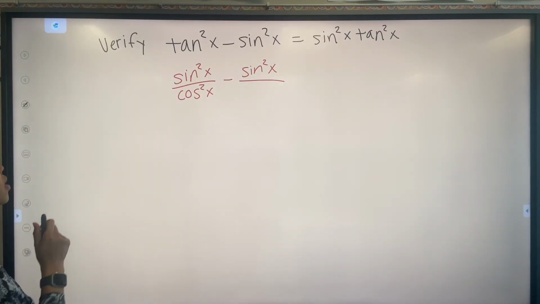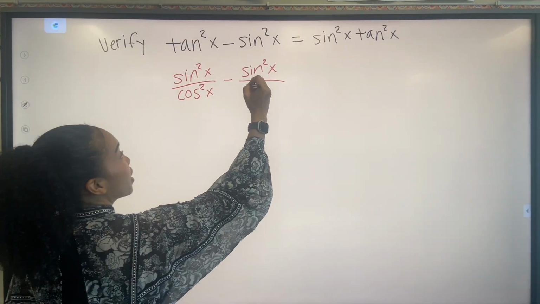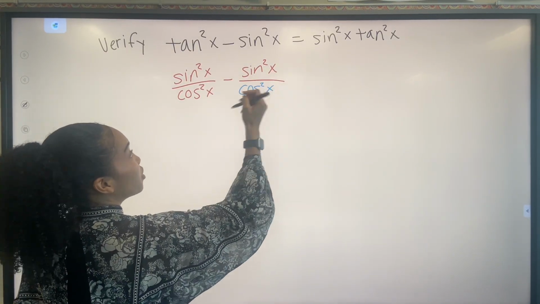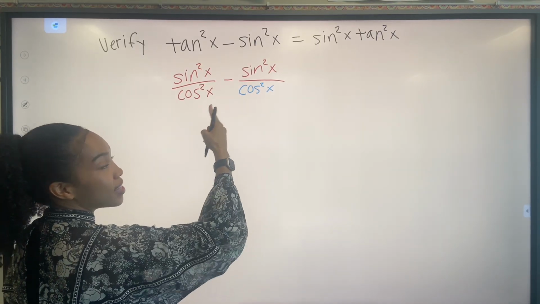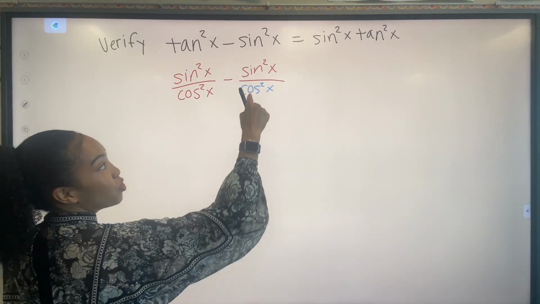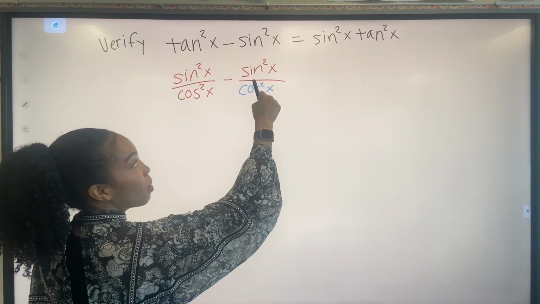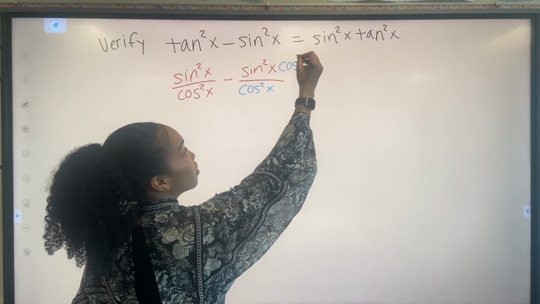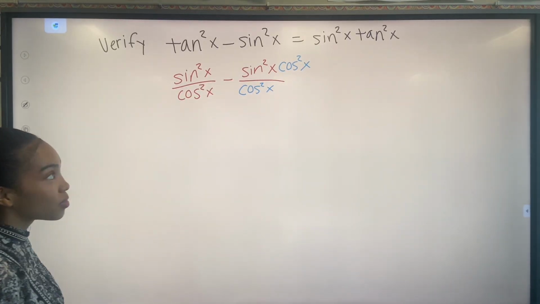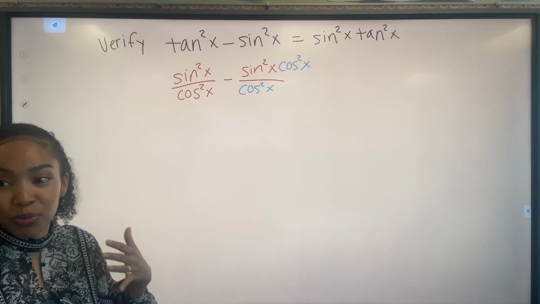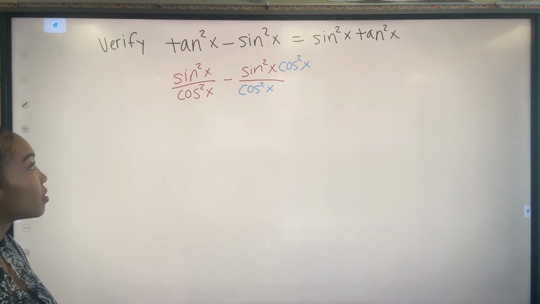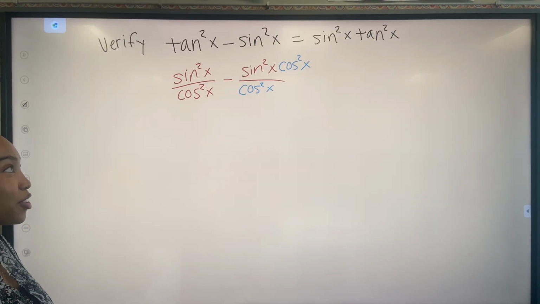Cosine squared. Yep, you need a cosine squared. Because remember, whenever you're subtracting fractions, you need the same denominator. And if you put cosine squared in the denominator, you also need to put it in the numerator, okay? You can't just be big on the bottom. You have to be proportional, okay? So don't skip arm day if you're gonna do leg day.